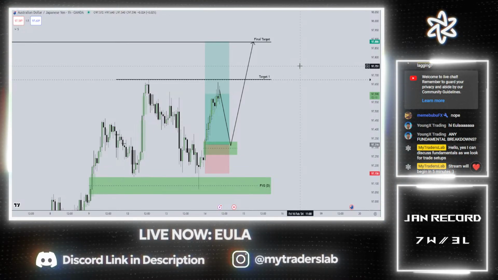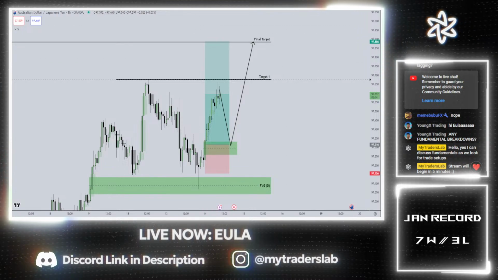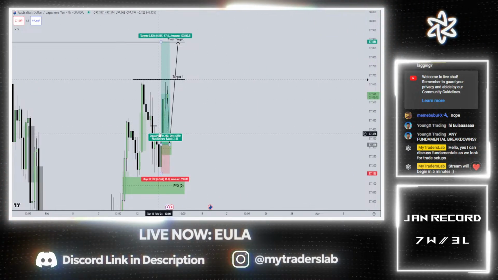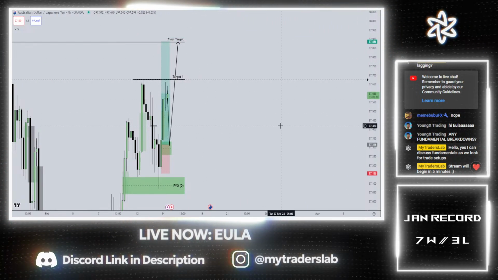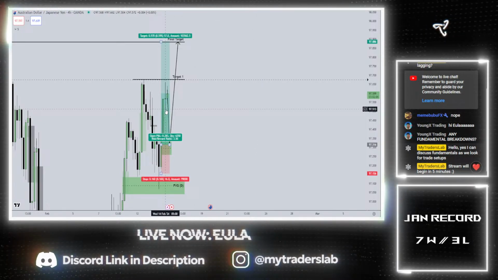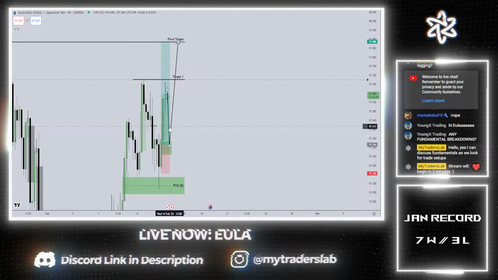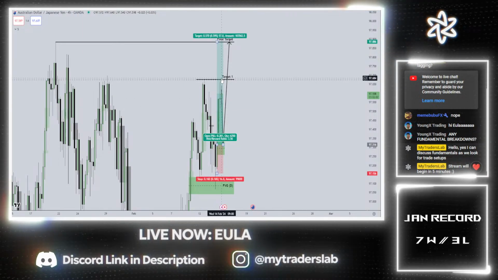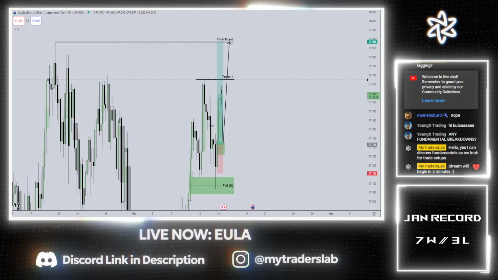You never know when the fair value gap might be revisited, because on the 4 hour we actually have another fair value gap here. So price does not really have a reason to dip down into the 4 hour. It is more likely to take out the highs, but who knows, if you leave your order then it might get tagged.